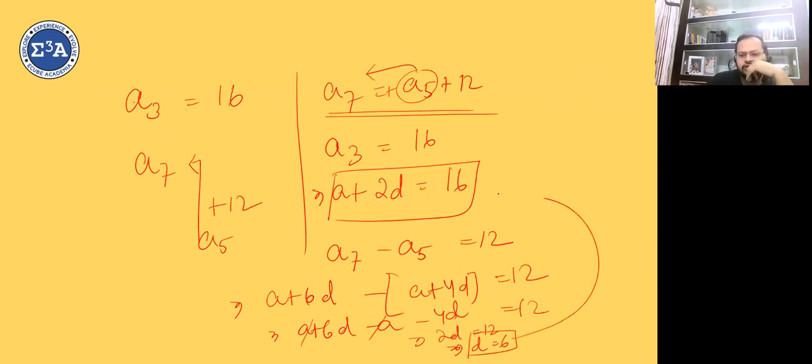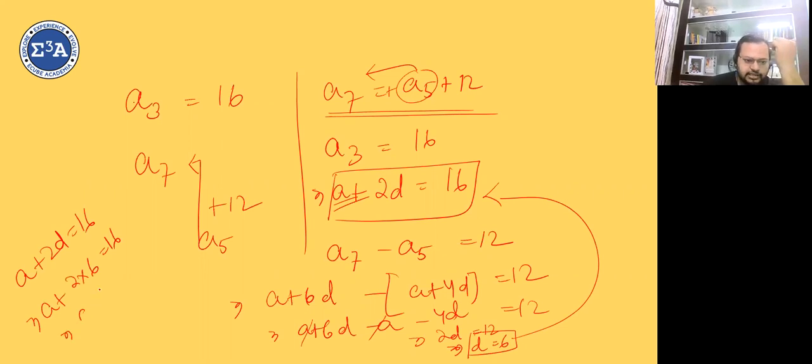Now, if we put this D in this, we'll get A. A plus 2D is equal to 16. So if I put A plus 2 into 6 is equal to 16, which implies that A is equal to 4. So we have A, we have D. The question was to determine the AP.